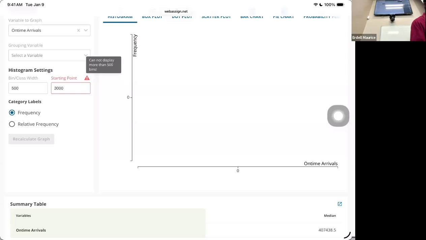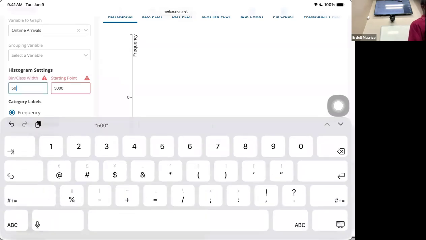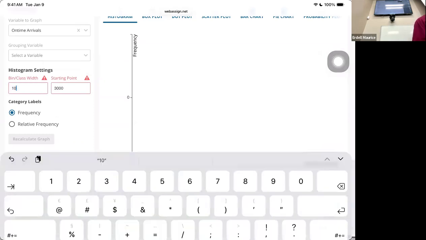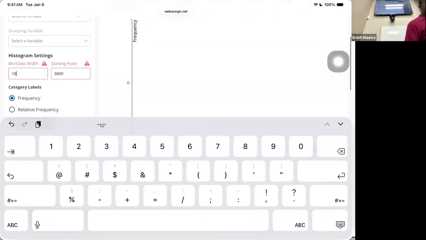What is it saying? Cannot display more than 500 bins. Oh, my bad. Let's go with 10 bins. There we go. Why is it upset with me? Let's go with 100.